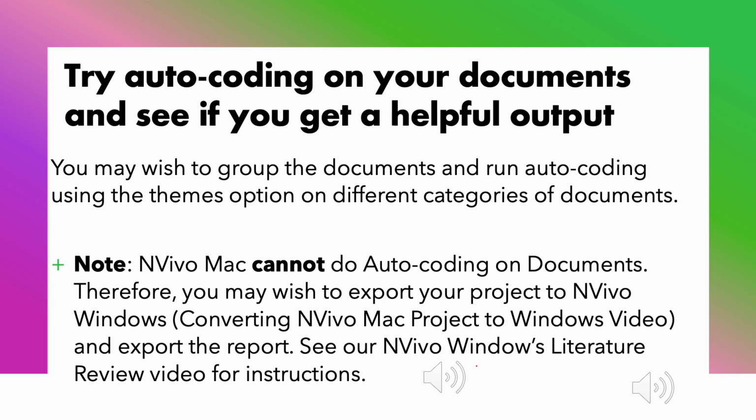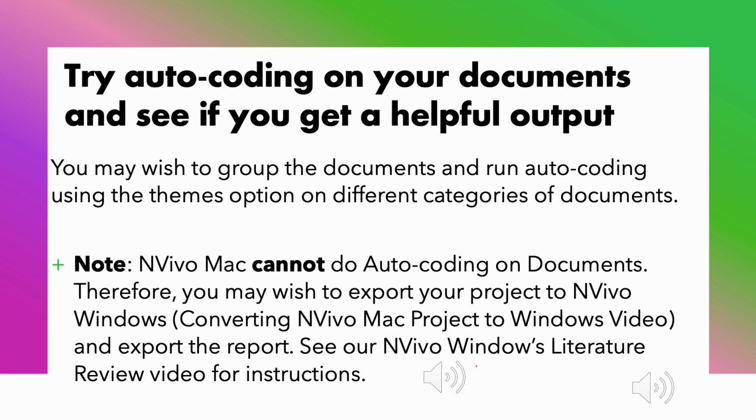Now, note that NVivo Mac cannot do auto coding on documents like Word documents or PDF documents. Therefore, you may wish to export your project to NVivo Windows and bring it back to Mac after performing auto coding.